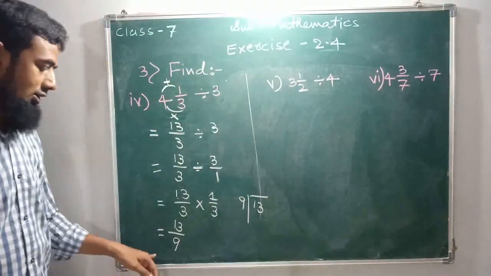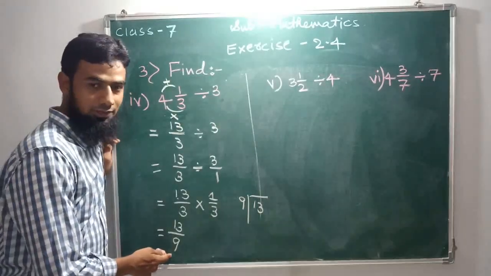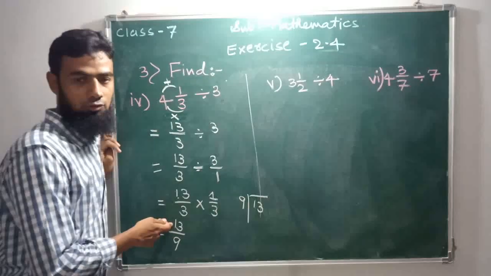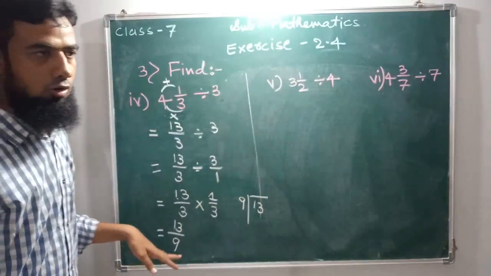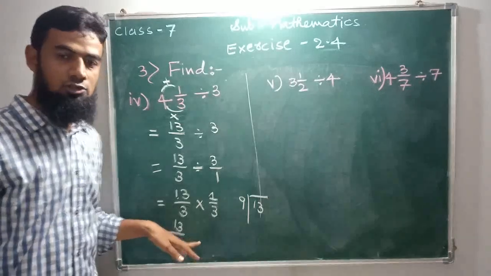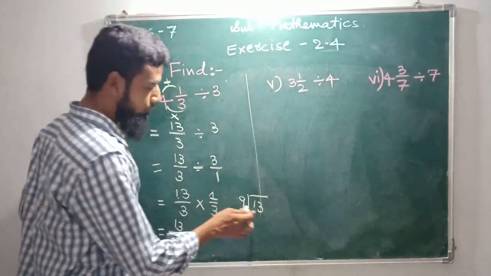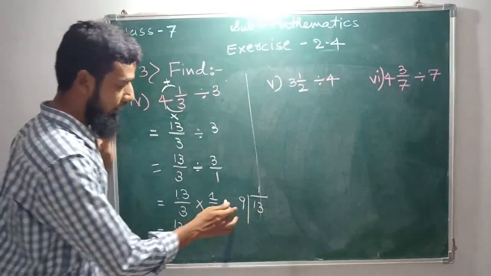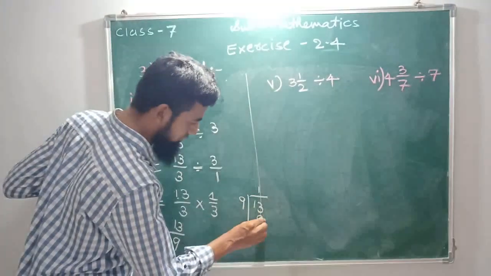बेटा improper fraction किसको बोलेंगे? If the value of the denominator is smaller than the numerator, it is known as an improper fraction. If your answer comes as an improper fraction, you need to convert it into a mixed fraction. So 13 divided by 9. 9 times 1 is 9.